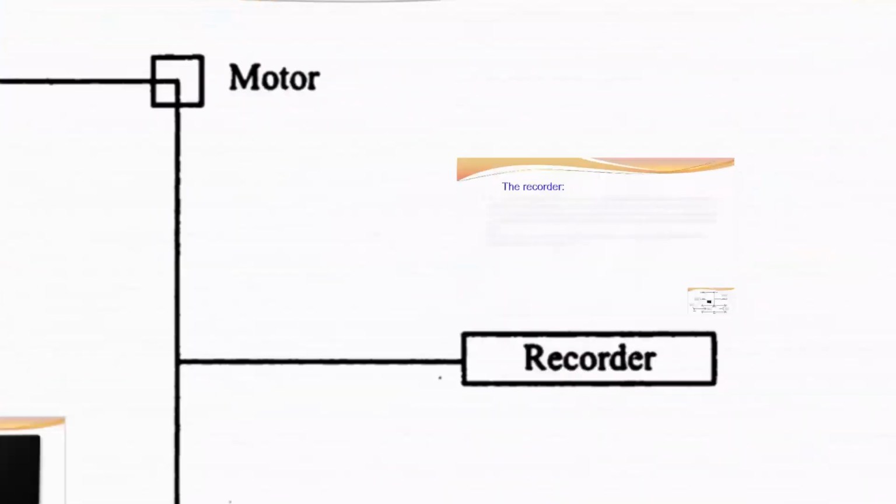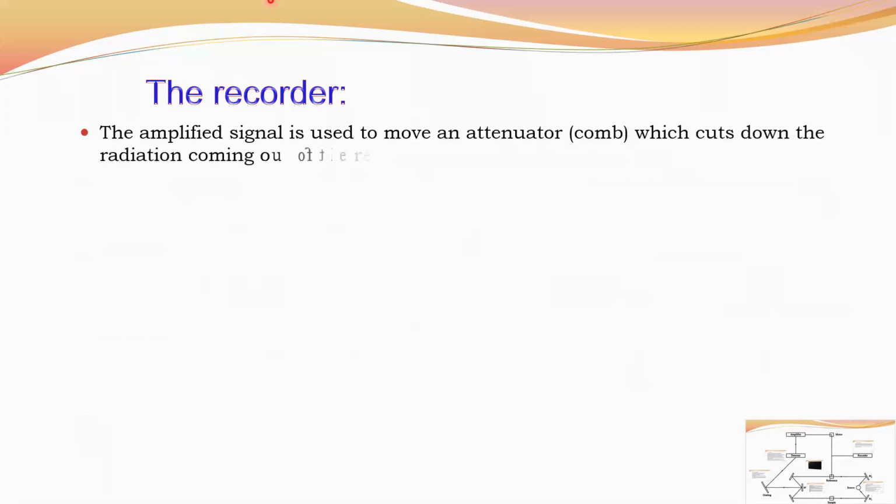And the last is the recorder. The amplified signal is used to move an attenuator comb, which cuts down the radiation coming out of the reference beam until energy balance is restored.